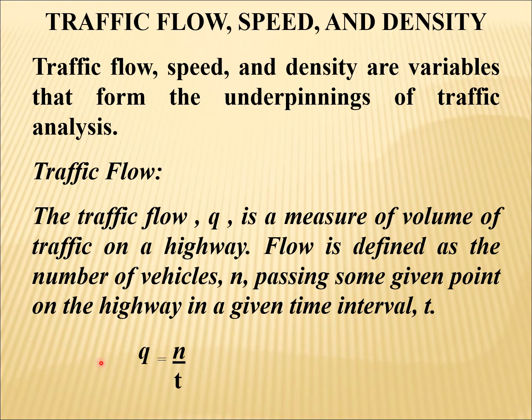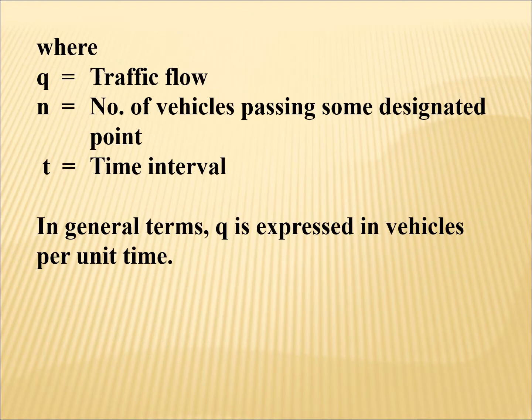So this is the formula for the traffic flow: q is equal to n over t. Here you can see that q means traffic flow, n means number of vehicles passing some designated point on the highway, and t is the time interval. In general terms, q is expressed in vehicles per unit time.